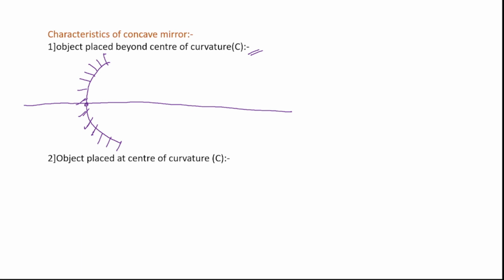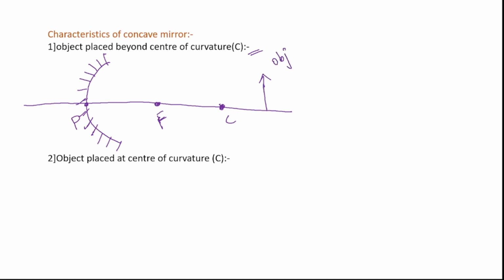Okay, here we have a pole, right? The midpoint of this mirror is called the pole, and we have a focus and we have a center of curvature, right? So what we are doing here, we are placing an object beyond the center of curvature, that is after the center of curvature. So let us say we have placed an object here.